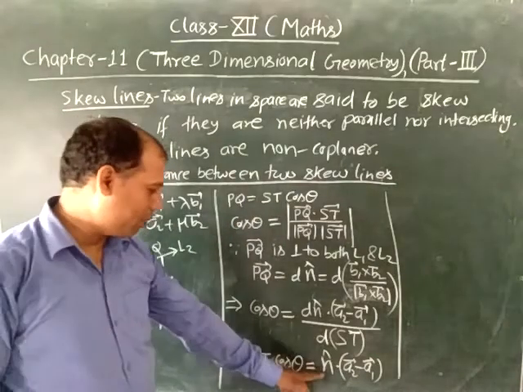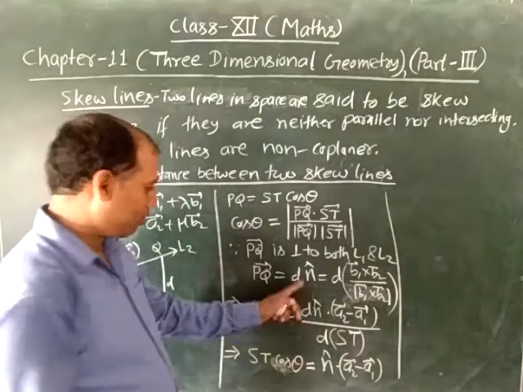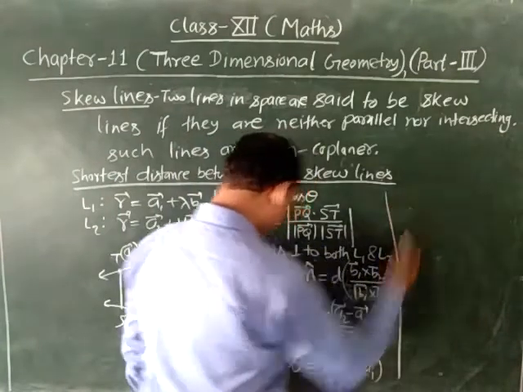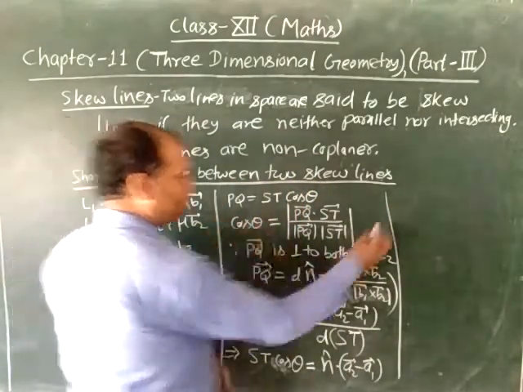Now putting the value of vector n cap from here, we can write ST cos theta is equal to PQ.